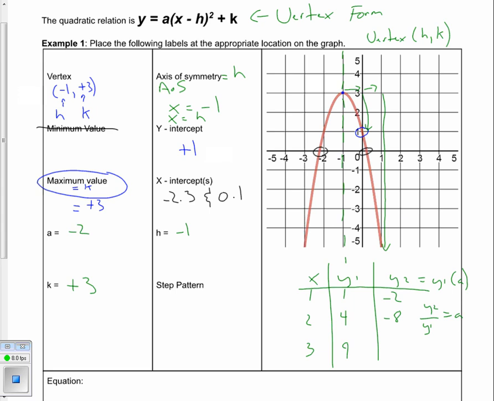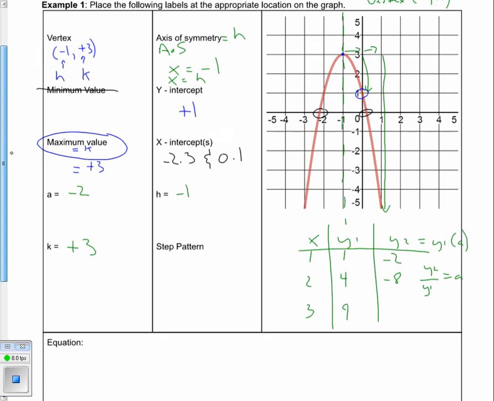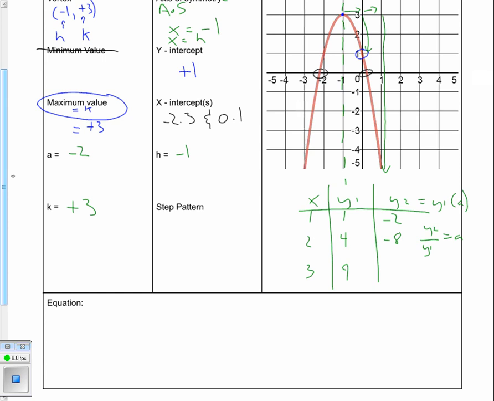And because we know what the step pattern is, we can use all that information together to come up with the equation, because we now have an a, h, and k value. So remember, the equation of a parabola in vertex form is y is equal to a times (x minus h) squared plus k.